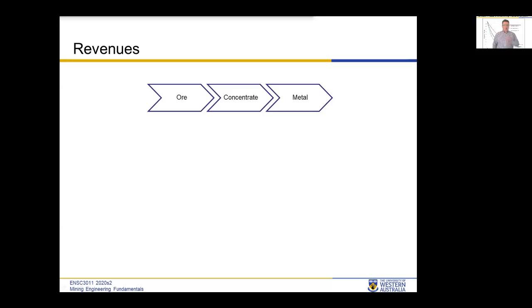Now you might go all the way through that supply chain and sell the pure metal, or you might stop here and sell the ore at the mine gate, or you might concentrate it and sell the concentrate. It's important to recognise where you are in that supply chain. That's obviously what you sell and is the revenue you get. And you might decide where you want to be on that supply chain.